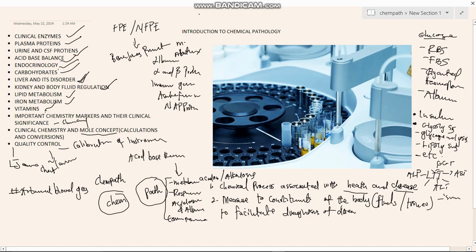Then we will take us all through how these chemistry analyzers work and the principles behind them, spectrophotometry, etc.